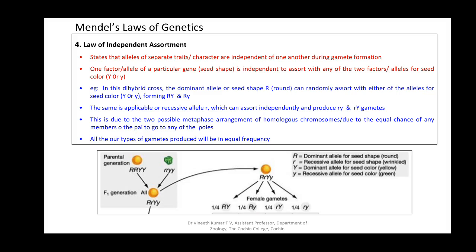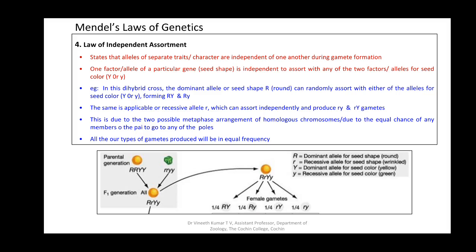They do not have any condition where the dominant allele will assort only with the dominant allele, or the recessive allele only with a recessive allele. One factor or allele of a particular gene, say seed shape, is independent to assort with either of the 2 factors. That is, capital R has the independency to assort with either capital Y or small y.